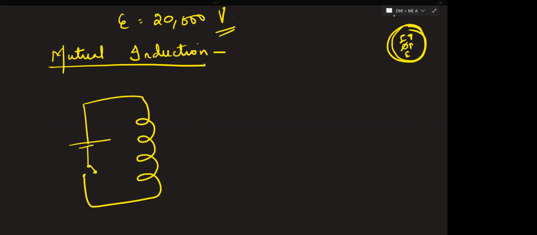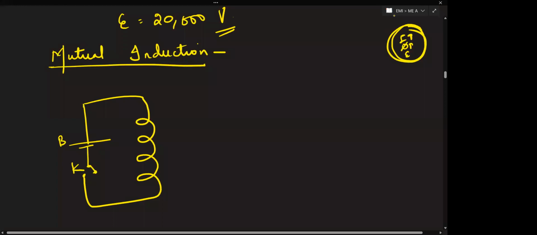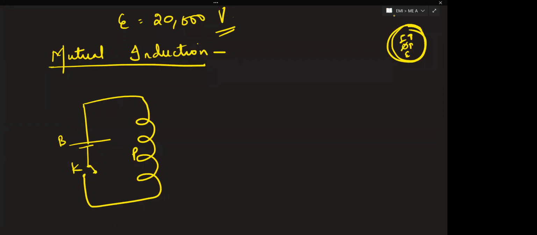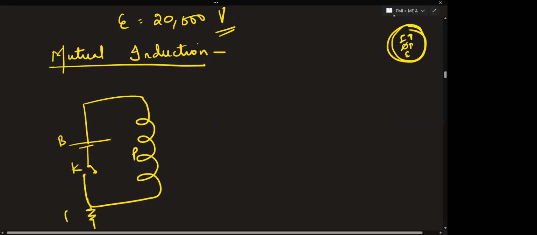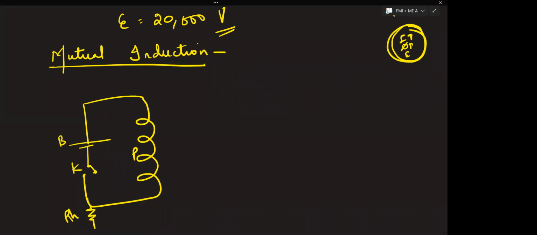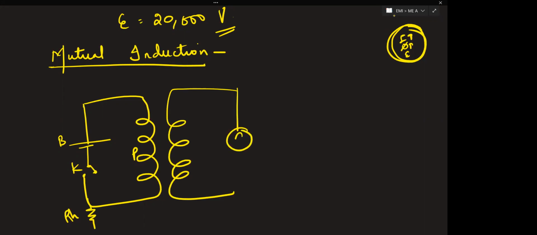The battery is there, a key is there. This is the coil. Now, in order to change the current in the coil, let's connect a rheostat. A rheostat is basically a device to change the resistance, and as you change the resistance, your current also gets changed. Then there is another coil that we'll keep in proximity to this coil, and we'll connect a galvanometer.